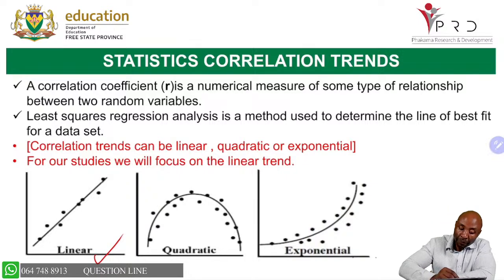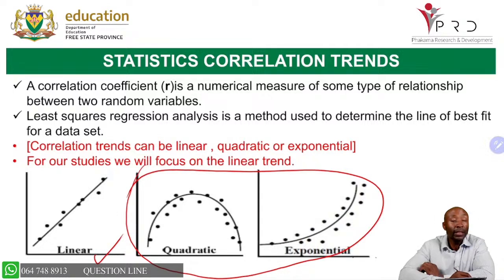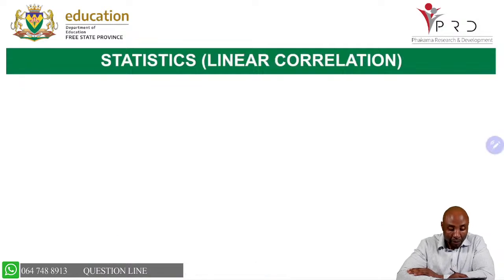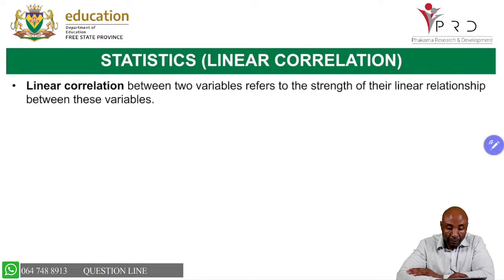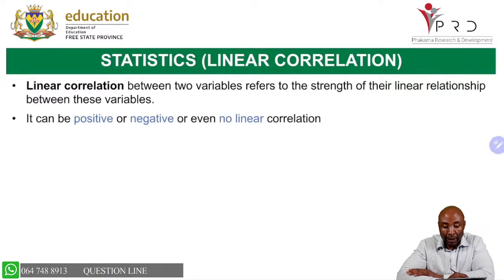But for now, we will not be concentrating on these ones. We'll only concentrate on the linear correlation. It's just for knowledge's sake. We move on. Now, the linear correlation between the 2 variables is known as the line of best fit, and we say the correlation can either be negative or positive.